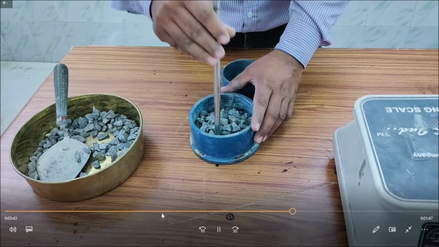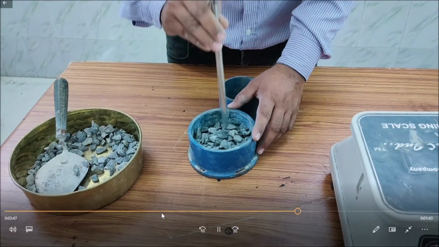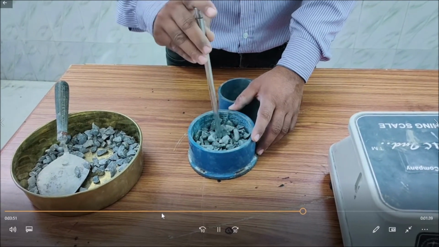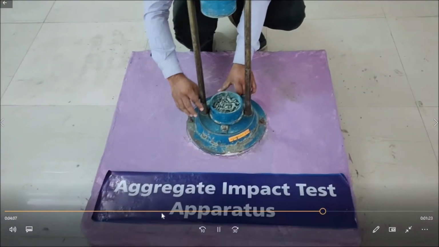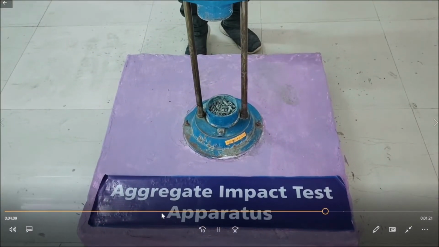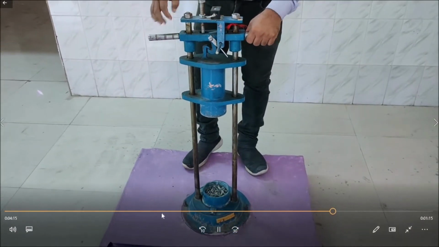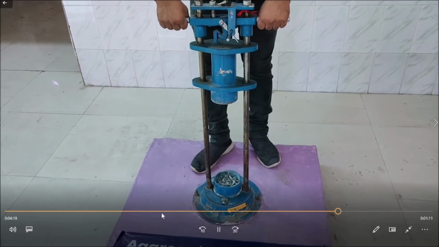Then the aggregates were taken in the cylindrical mold and tamped 25 times. Then the setup is taken to the aggregate impact test apparatus, and it was given 15 blows. The height of the free fall is 38 cm.